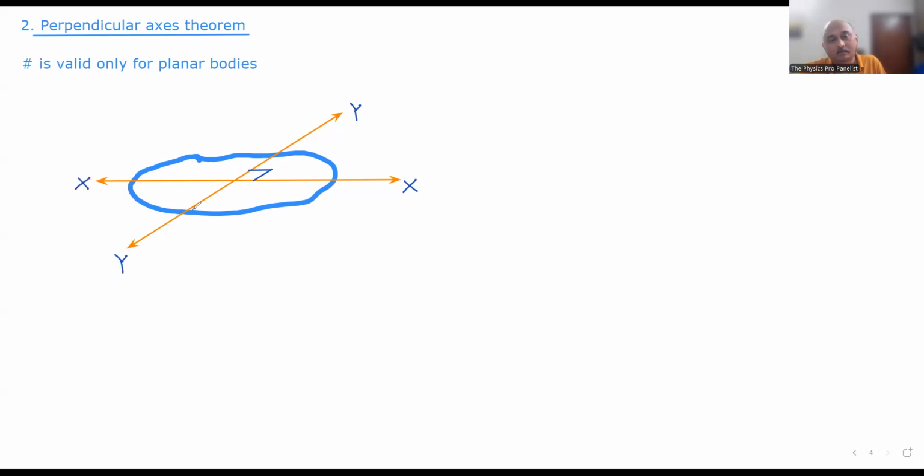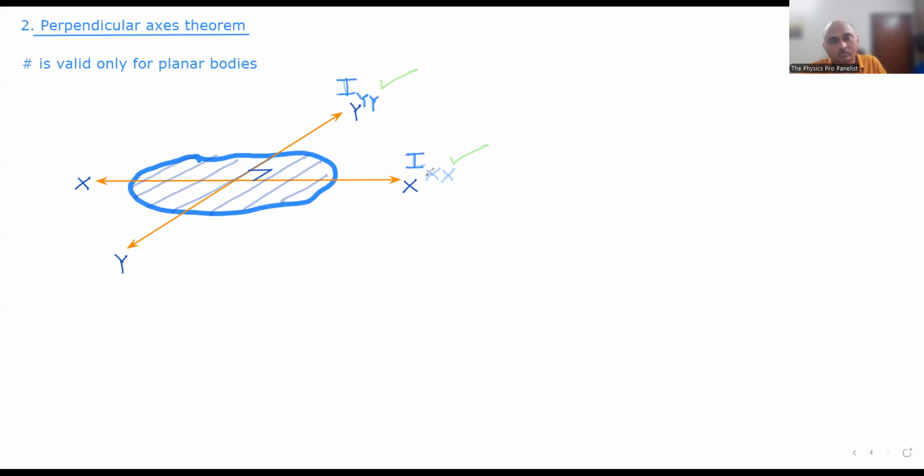So we are aware that the body lies in the XY plane, and we are aware of IXX and IYY. These are known to us.